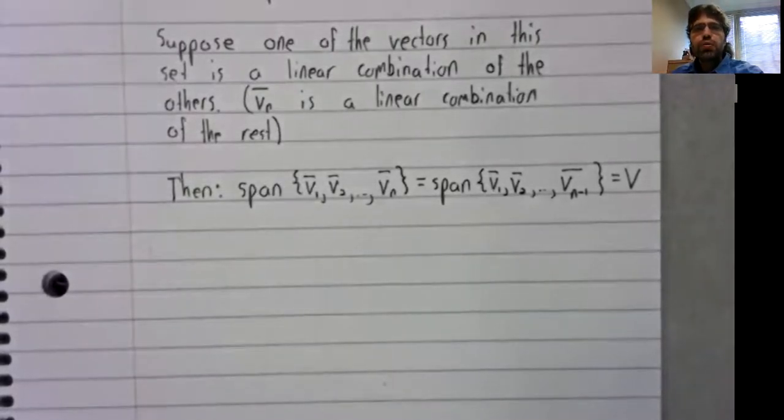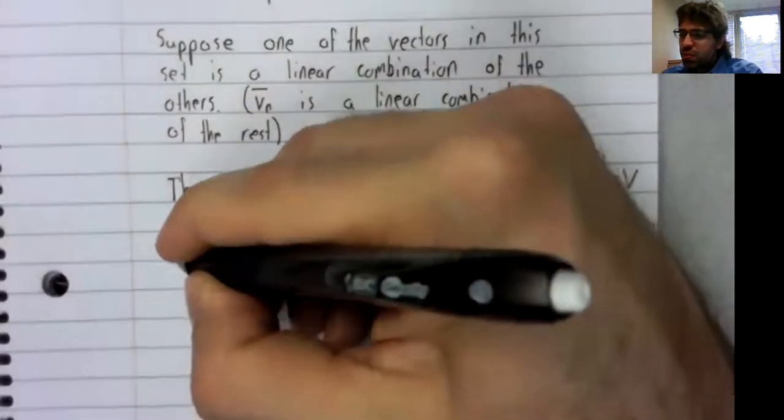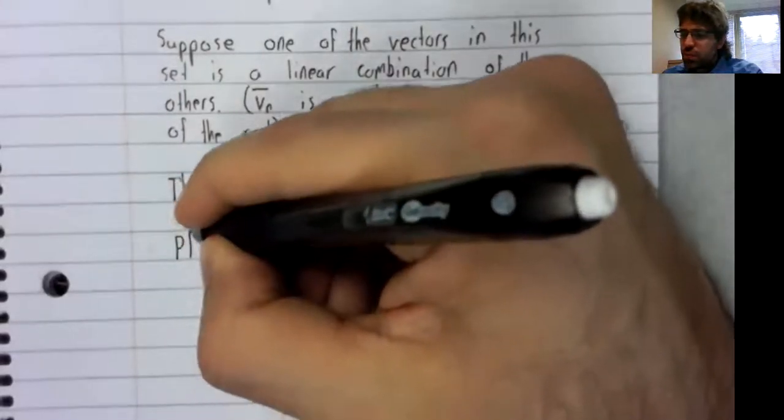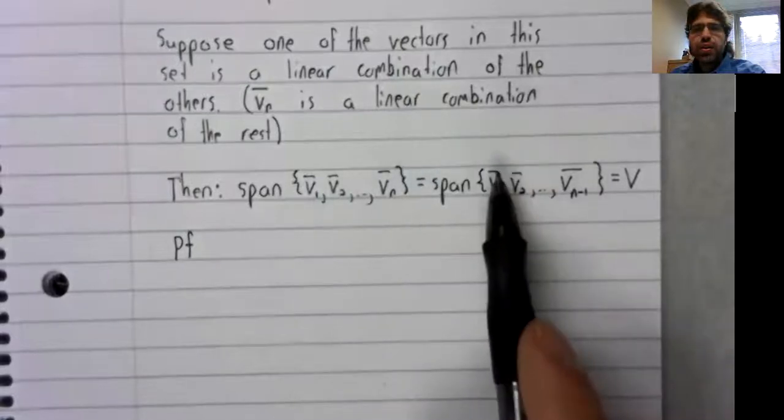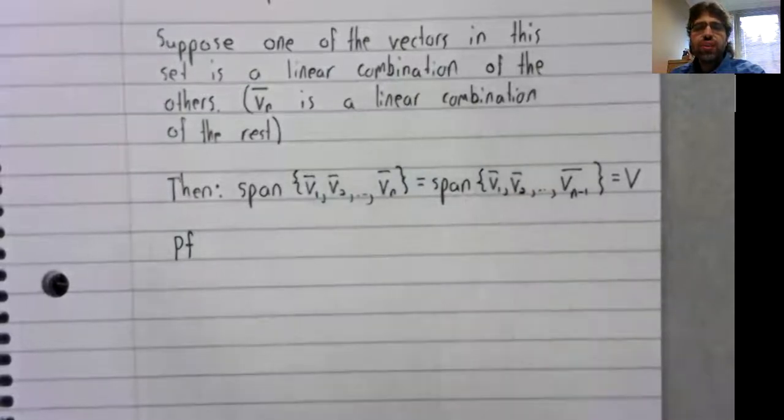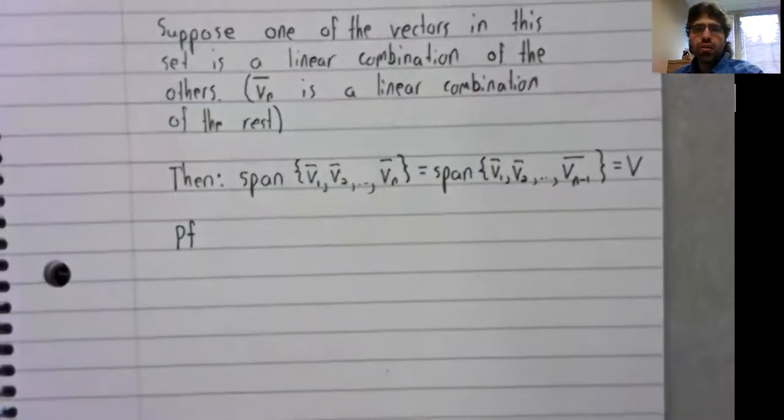How do we prove that? Well, this is a set. This is a set. To prove that two sets are equal, we prove that each of them is a subset of the other.